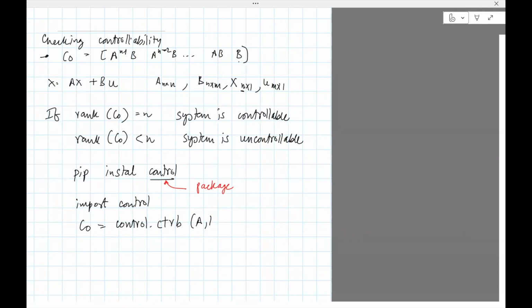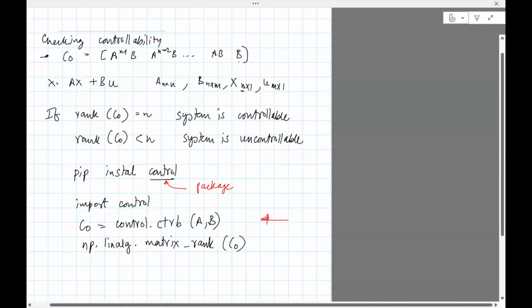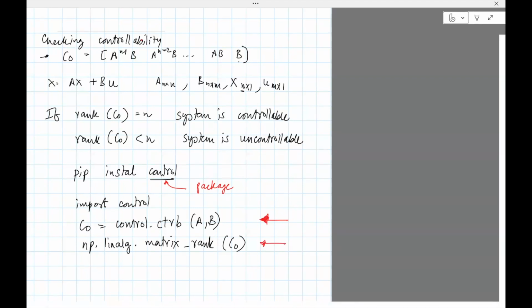You give in A and B, which are going to be numeric matrices. Then in NumPy, there is a command to check the rank of a matrix, matrix_rank(CO). So we use the control toolbox to find CO, and then we use the NumPy function called matrix_rank to check the rank of CO. If the rank is equal to n, the system is controllable, else it's not. So that's the first step.